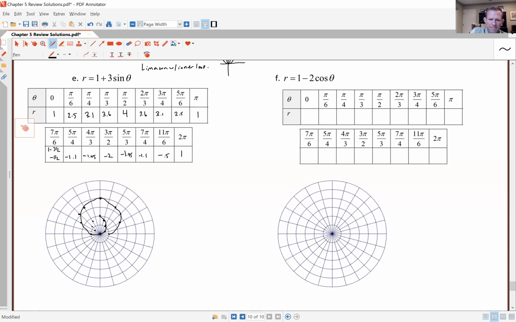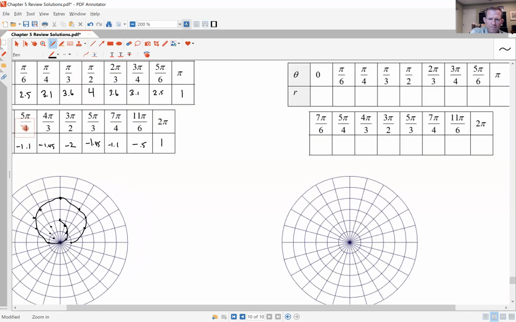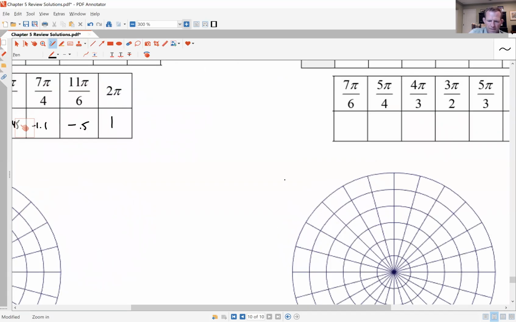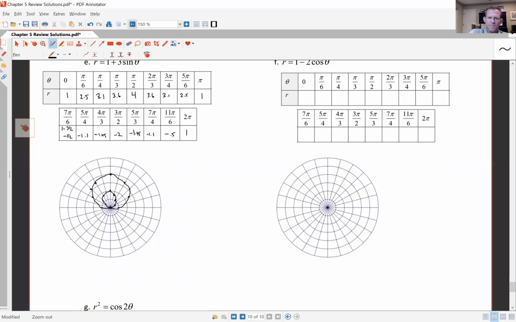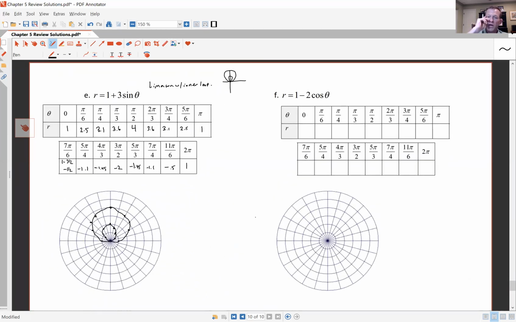That's what tells us that this graph is going to spend some time being positive in quadrant 4, giving us that little last part down there in quadrant 4. Okay, again, that's a limaçon with inner loop.